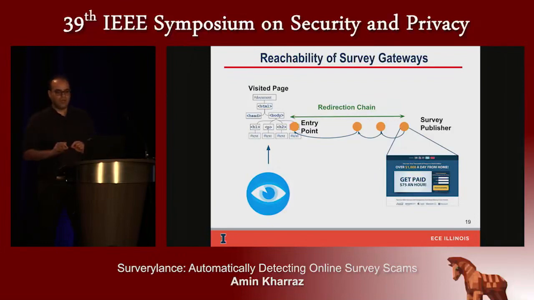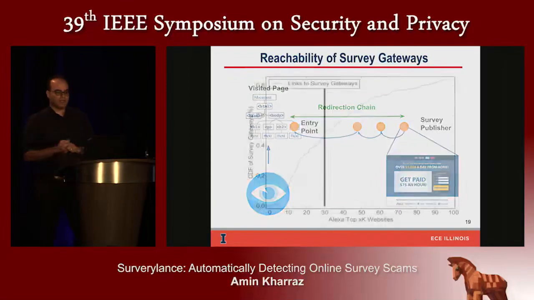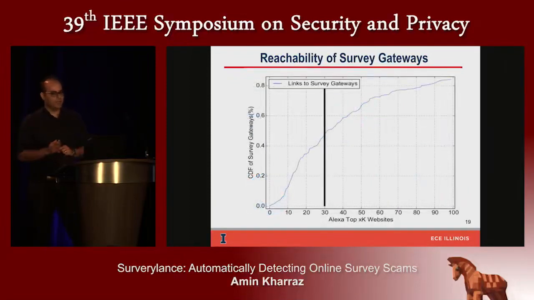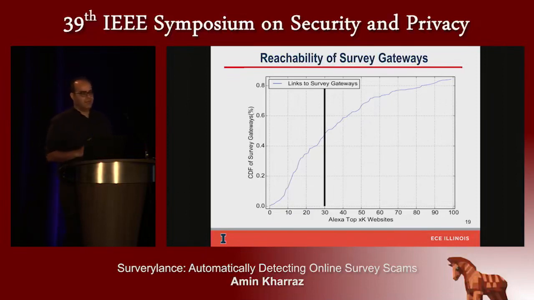After collecting all the redirection chains, we performed an analysis, and this is the result. Around 45% of the survey gateways were reachable from the Alexa top 30K websites. The result of this analysis suggests that it is likely that a normal user gets exposed to these scams probably in daily browsing activity.